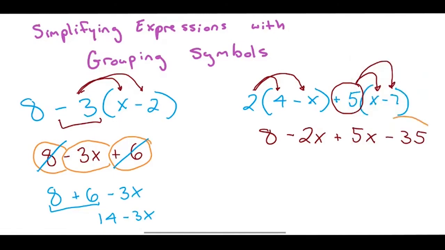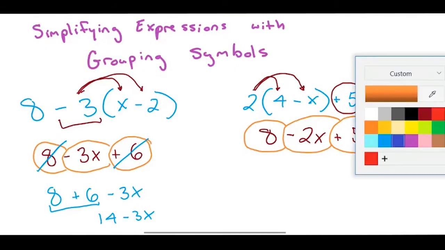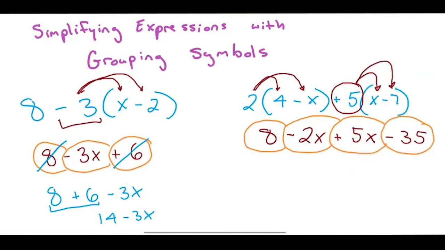So over here, I circle my first term and the sign on the right. And then I keep going for the sign and the term. Make sure you get the sign and the term. And then my term. There's no sign in front of it, so we know it's positive. Okay. So I will rewrite this as 8. So cross that off.